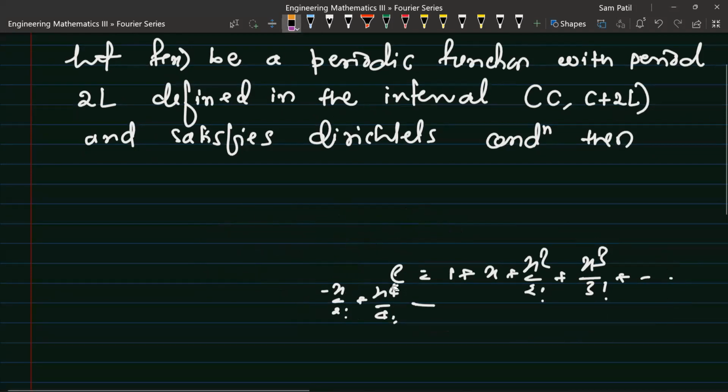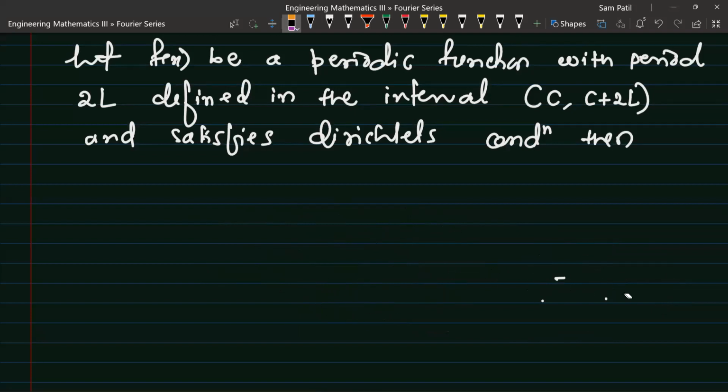This concept was discovered by Joseph Fourier, one of the great mathematicians who found the series expansion, or a way to expand a given function in terms of powers of x.